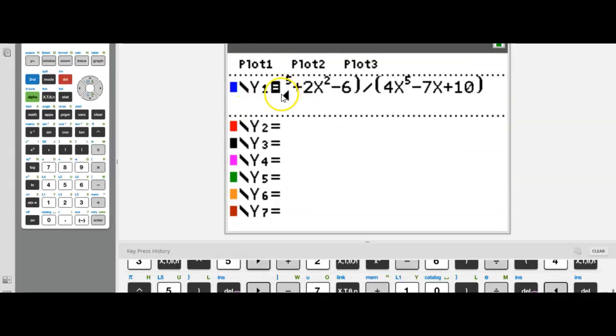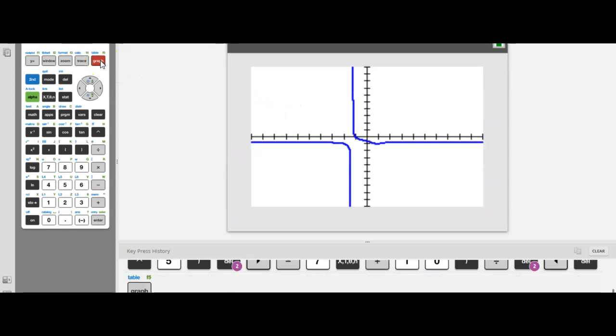All right, so I've entered the function in our TI-84. I'm going to hit the graph button. And while we don't have actual numbers on our axes because the calculator doesn't do that, we are able to see that there seems to be a horizontal asymptote at y equals negative 3/4.